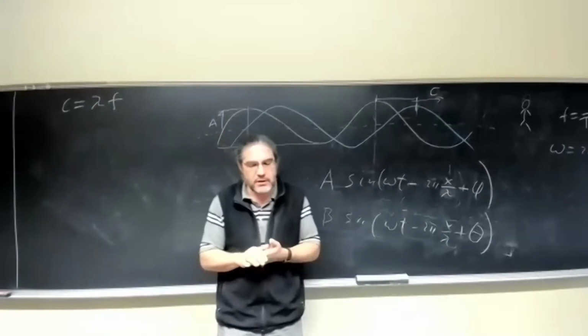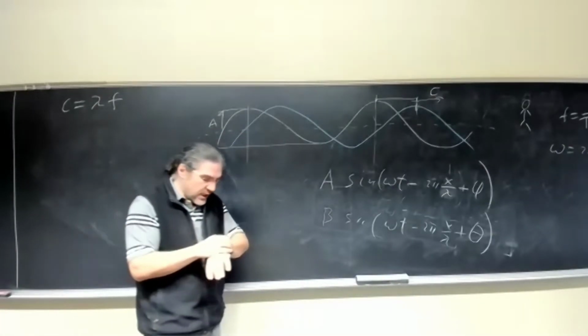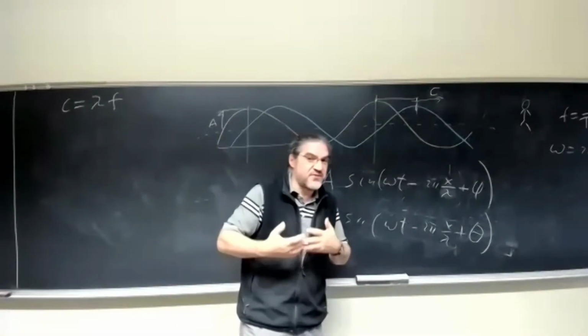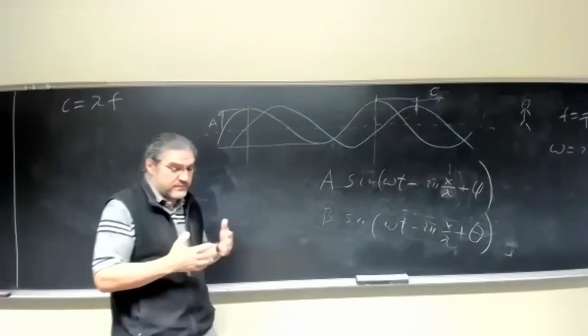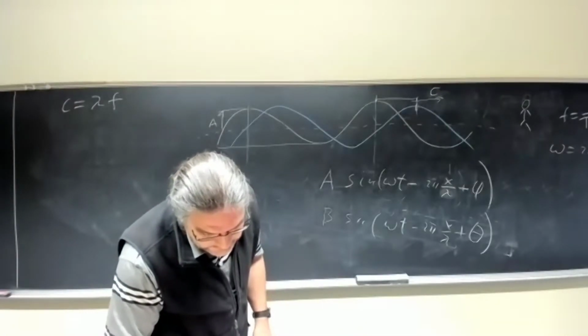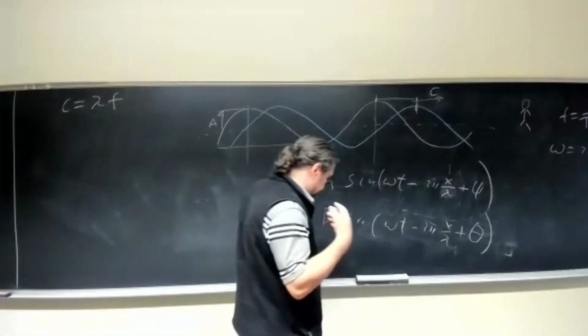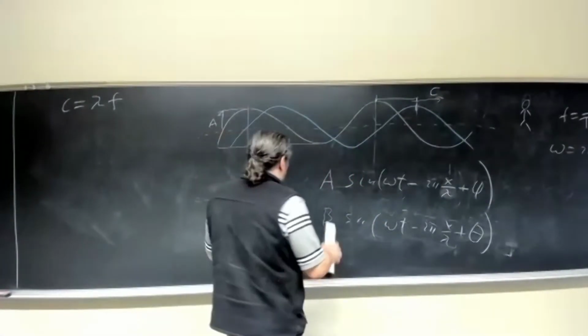I'll talk about it a little bit more later. It's the existence of the phase which is very significant for the propagation of waves and to distinguish waves from particles.